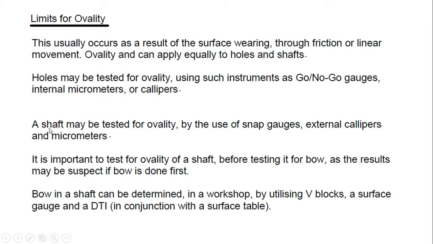In the same way for the shaft, we can test with the use of snap gauges, the external caliper and the micrometer. External caliper or outside caliper are the same, and the micrometer can be used for the tube, and also we can check its validity with the help of the vernier caliper.